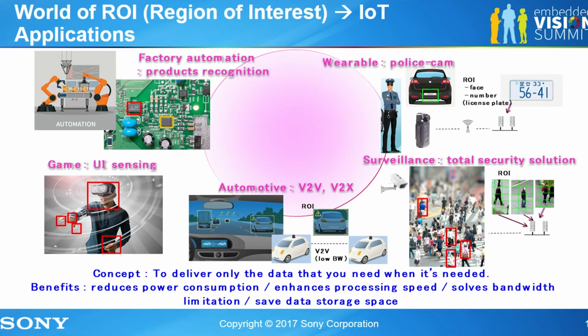So the concept is to deliver only the data you need, when it's needed, so we can get benefits like reducing power consumption or total system power. From a different aspect, we can enhance your processor speed or reduce the processor latency, and of course solve the bandwidth limitation issue or save data storage.